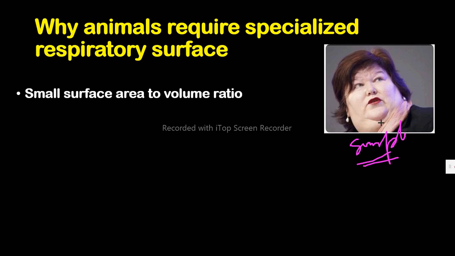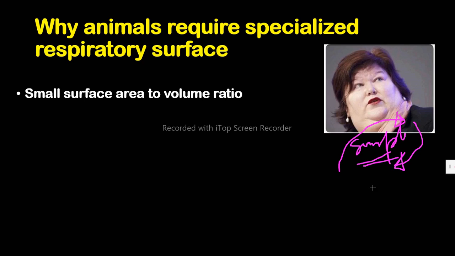How long would it take for oxygen to diffuse up to when it reaches the heart cells, the cardiac muscles? And how long would it take for carbon dioxide to diffuse out of the cardiac muscles to the surrounding environment? I don't even know if it would be possible.